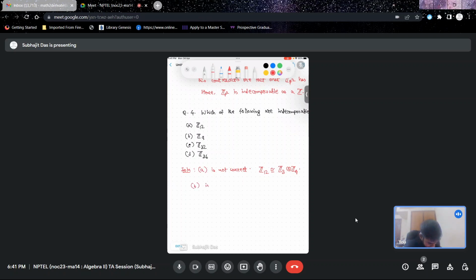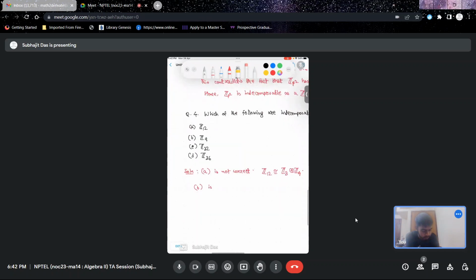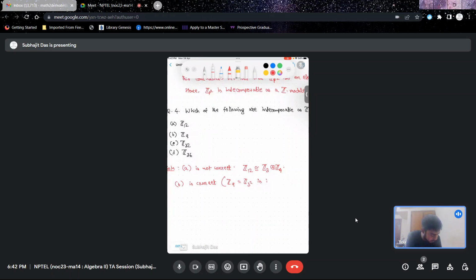Option B is correct. We just saw that Zp square for any p is always indecomposable as a Z module. So option B is correct. Z9, which is equal to Z3 square, is indecomposable.